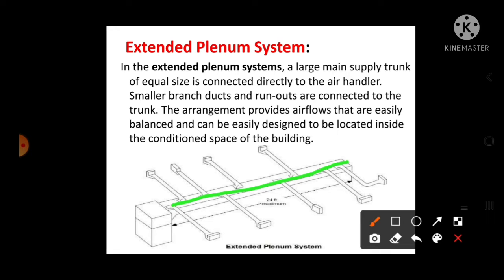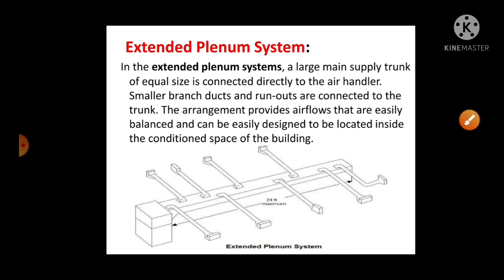Small branch ducts from the main branch are connected to the trunk. The arrangement provides air flows that are easily balanced and that can be easily designed to be located inside the conditioned space of the building.